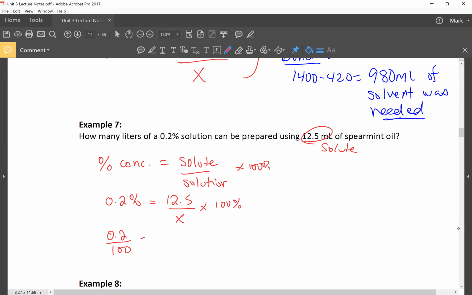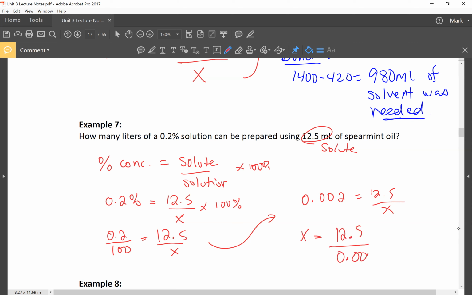That's where the 100% goes, equals 12.5 over x. So 0.002 equals 12.5 over x. And you get the idea, and we can solve this for x. This would be 12.5 over 0.002, and we would get our answer. So that's where that 100% goes.